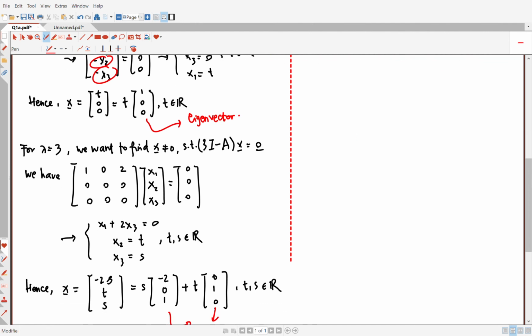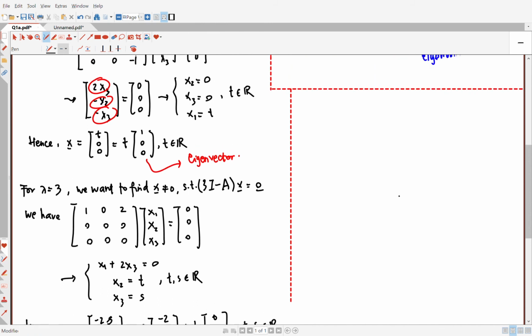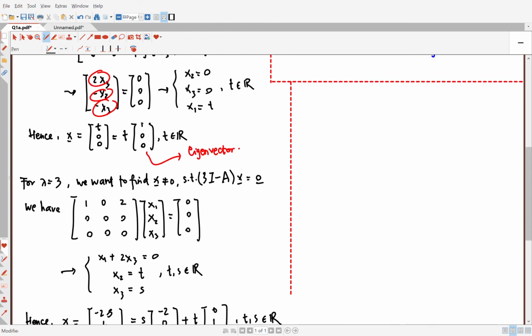You just need to see whether the set containing this vector is linearly independent, and whether the set containing these two vectors is linearly independent. If both are linearly independent, then we can conclude that the union of these three vectors is linearly independent. So clearly this is linearly independent.